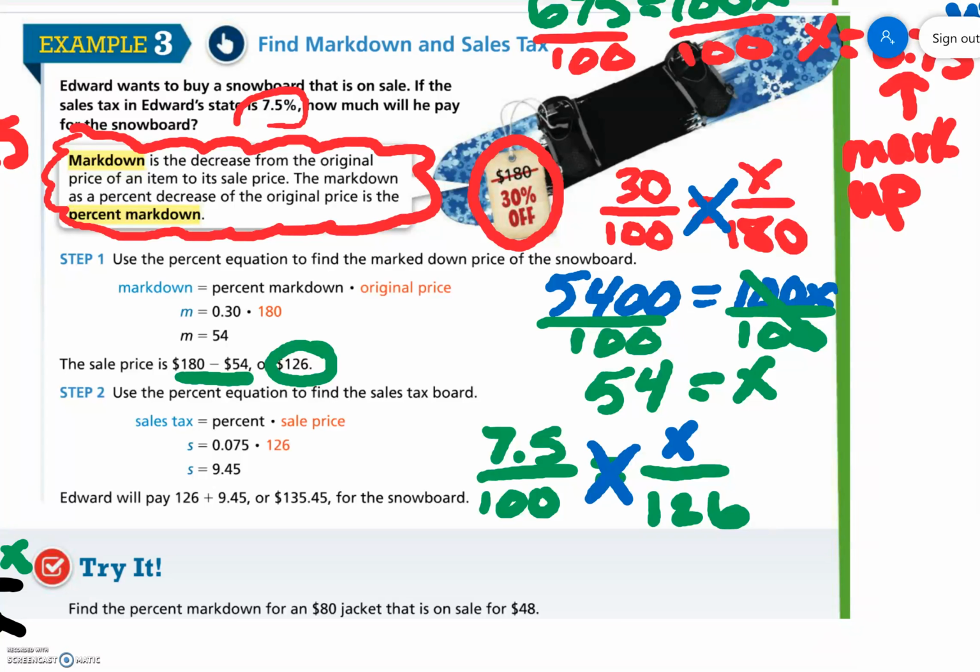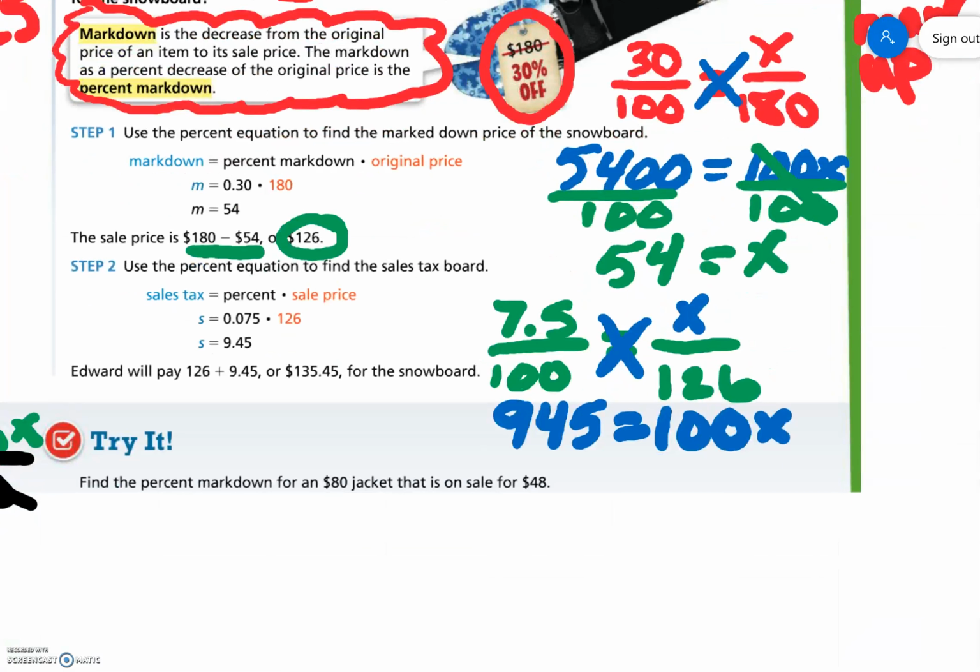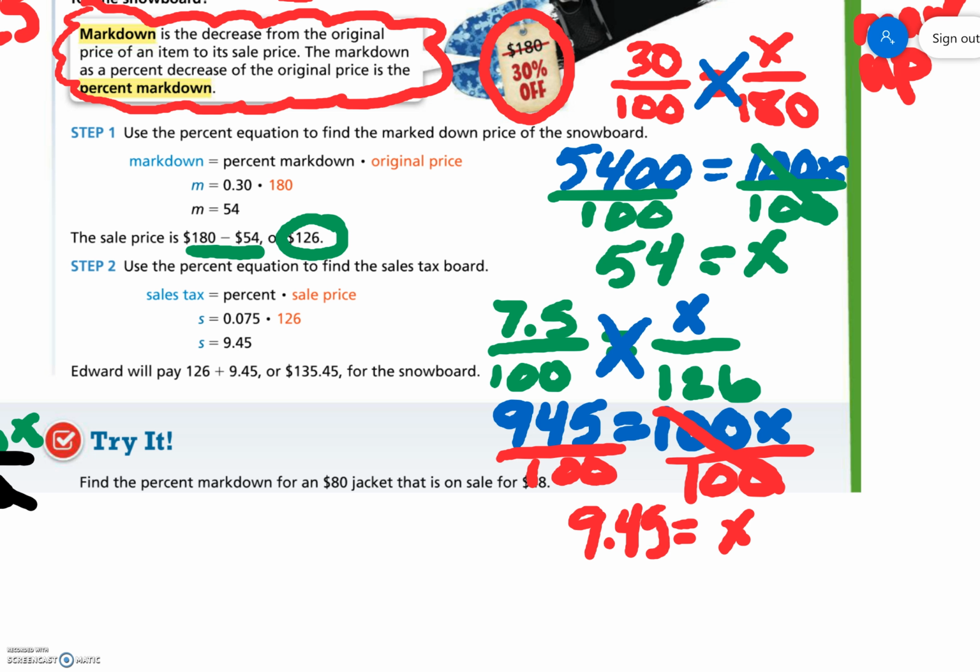So we do 126 times 7.5 equals 945, which equals 100x. Divide both sides by 100. X equals 9.45. Now that's sales tax. We have to add the tax. So we take the price 126, add 9.45. So in all, the total of the snowboard is $135.45.